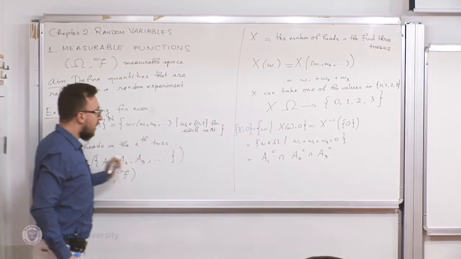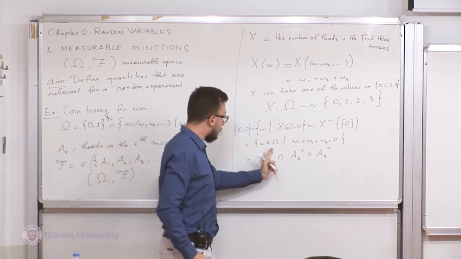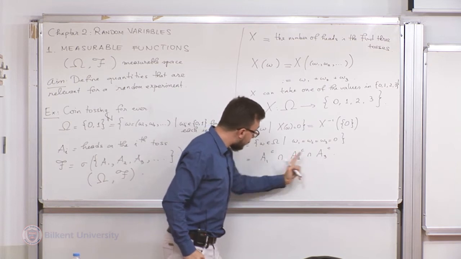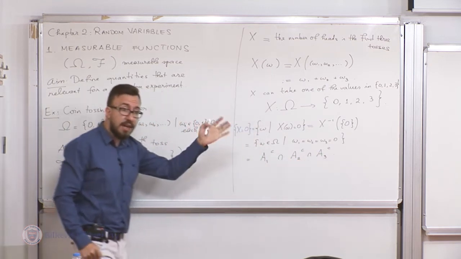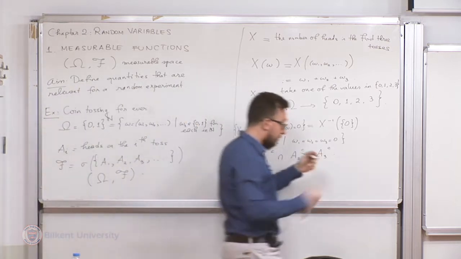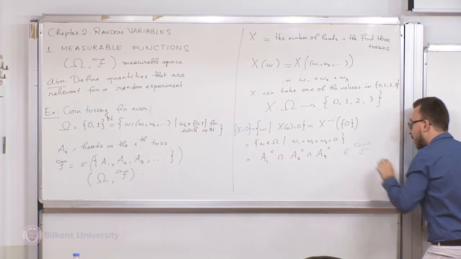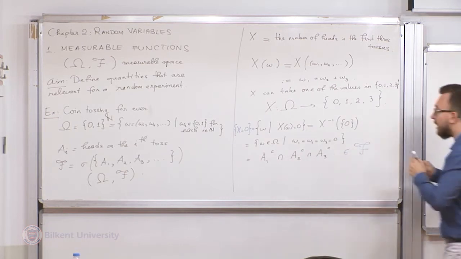Yes. Why? Because A1 is in this sigma algebra. Its complement is in the sigma algebra. These 2 complements are also in the sigma algebra. Their intersection, as a finite intersection, is also in the sigma algebra. So we know that this is in F. You can write down the others.